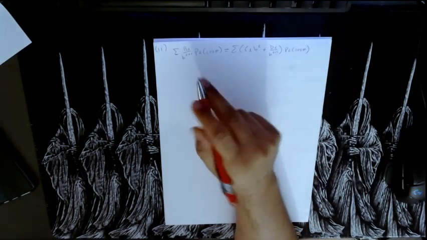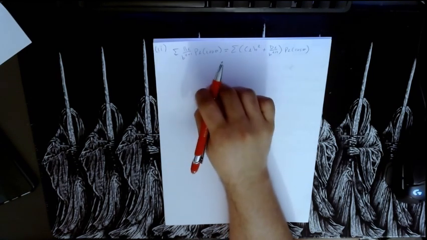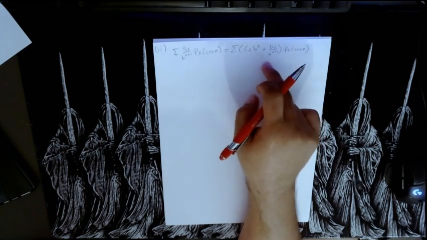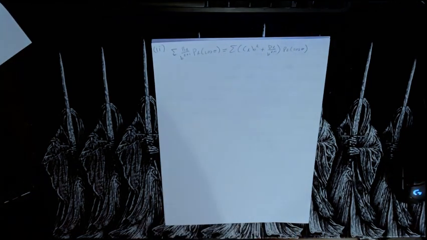I was able to do this because our second boundary condition tells us that the potential is continuous at B, and this was the case where R is greater than B, and this was the case where R is less than B. So we just set them equal to each other.